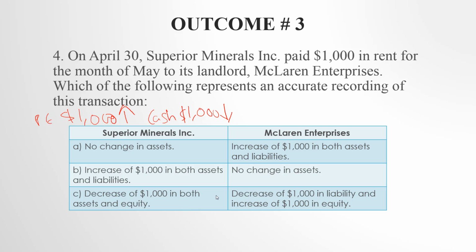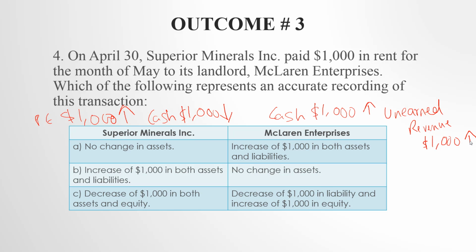From the perspective of the landlord, McLaren Enterprises, its cash has gone up by $1,000 because it received the money, but its liability, unearned revenue account, has gone up by $1,000 because it has not provided the service yet.